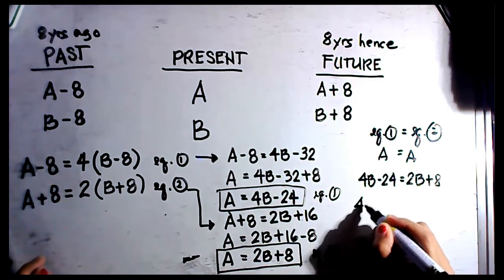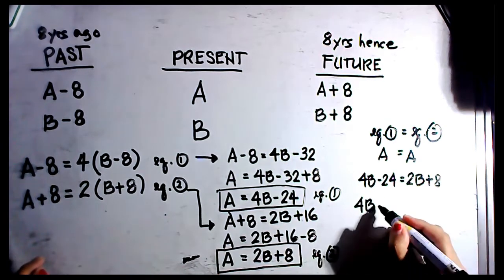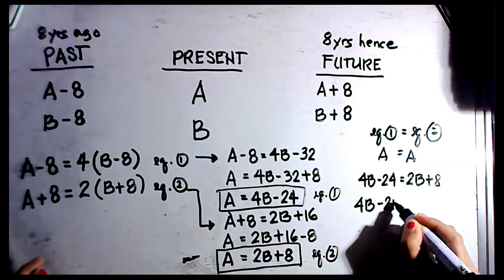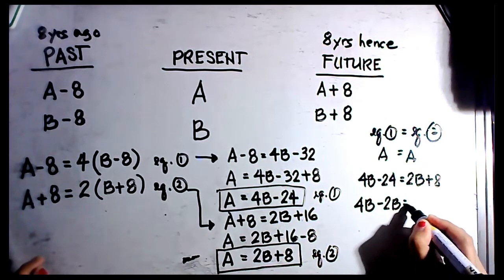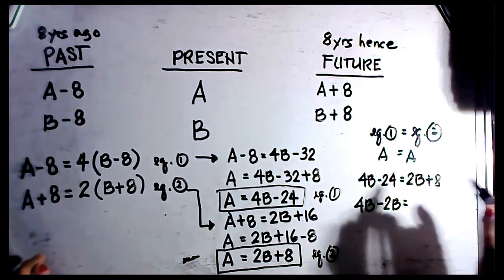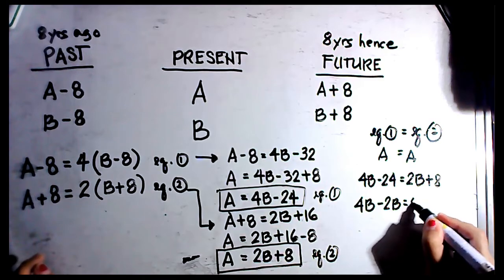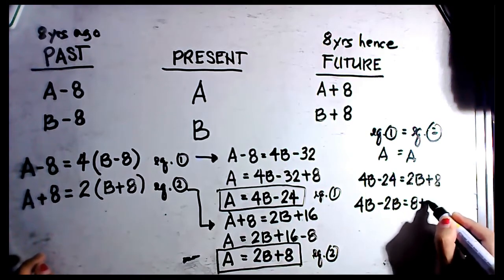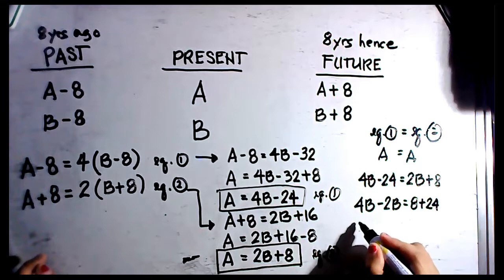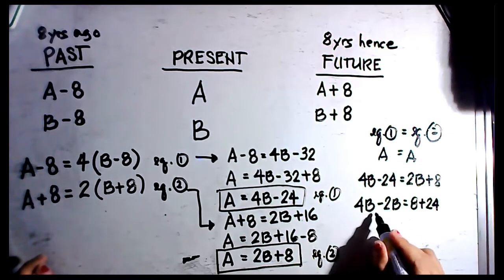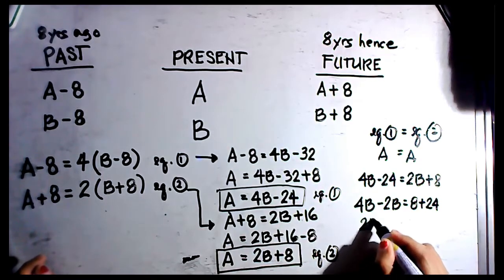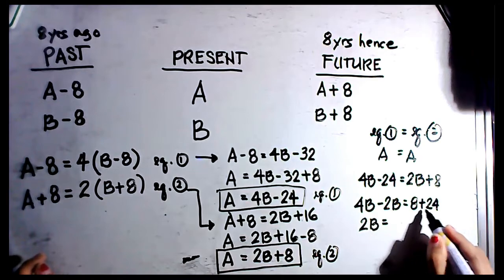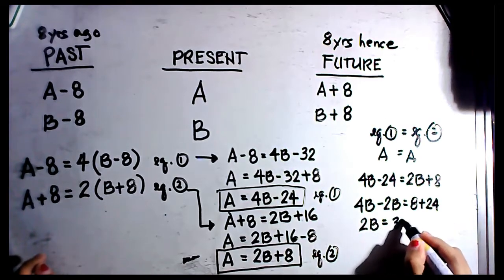If you transpose to one side of the equation all those with variables, and transfer all the constants to the other side, you have 4B minus 2B is 2B, and that's equal to 8 plus 24, which is 32.